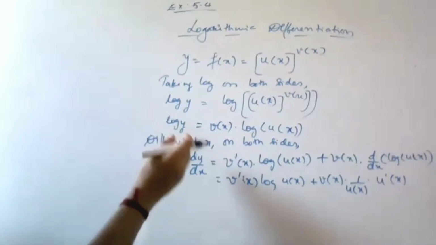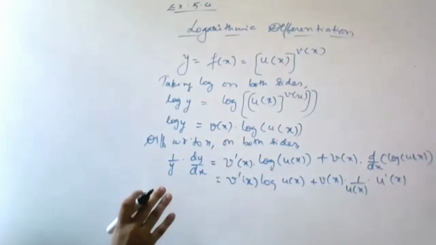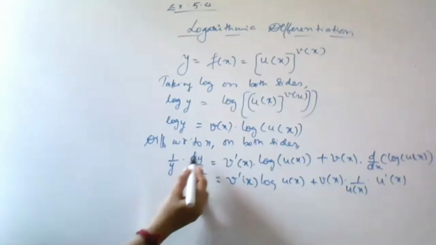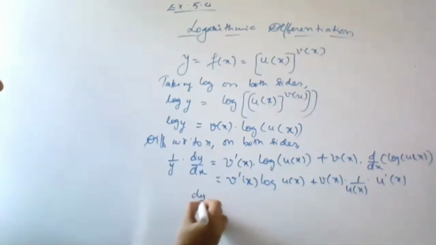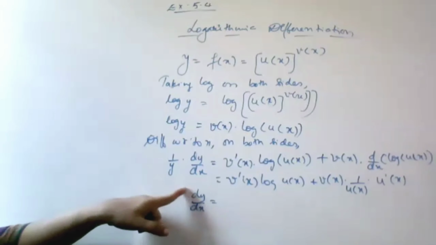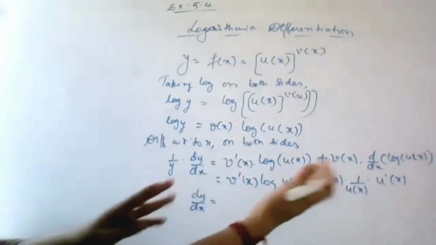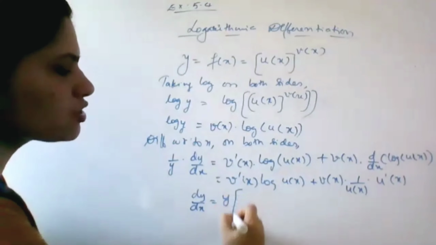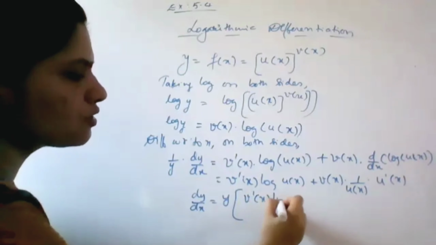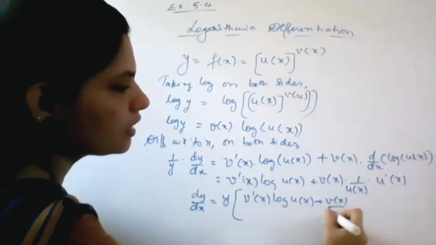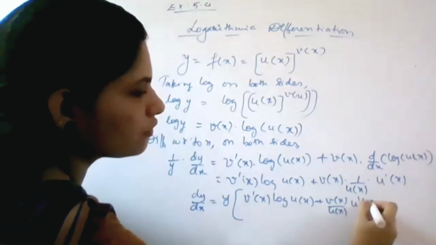After this, the question will be the same: find the derivative, or find dy by dx. So here you are getting 1 by y into dy by dx. What will be the next step? Your final step will be dy by dx is equal to, you take this y to the other side. That means it will become y into the whole v dash of x into log of u of x plus v of x by u of x into u dash of x.